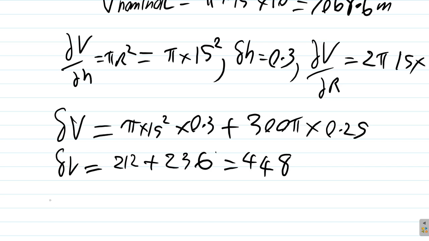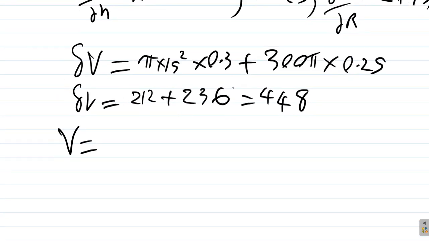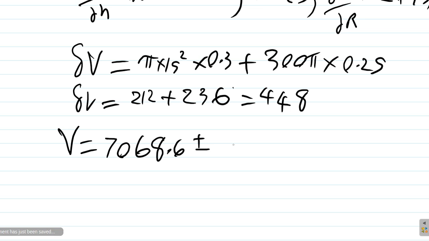Alright. So the volume then is therefore 7068.6, or 7069, plus or minus 448, and that is cubic meters. Alright, so that's what we have there.